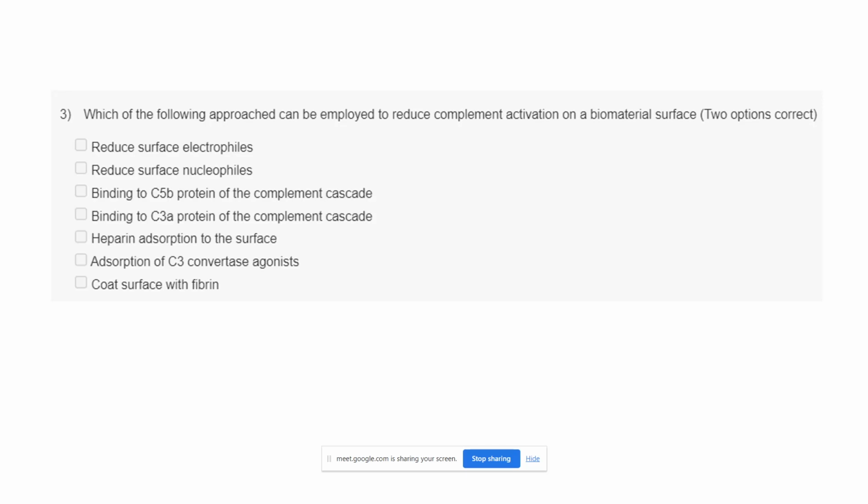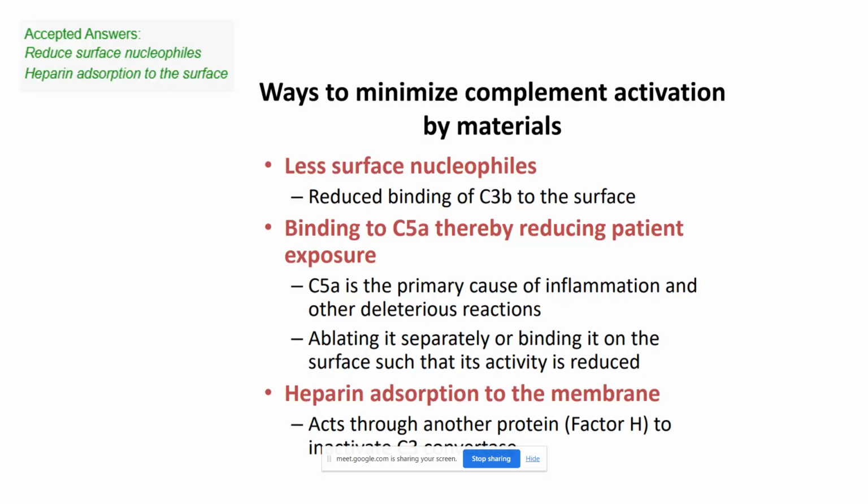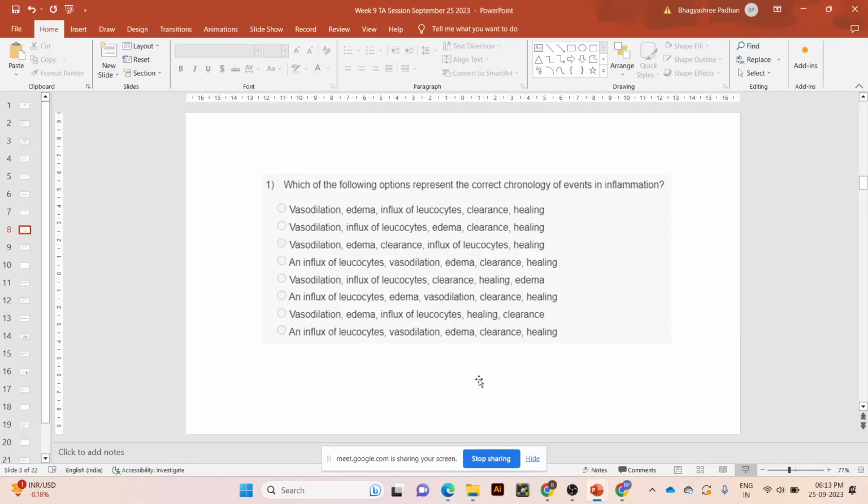Okay. The correct option is second option and fifth option: reduce surface nucleophiles and heparin adsorption to the surface. So these are the ways to minimize complement activation by biomaterials. First is less surface nucleophiles, which leads to reduced binding of C3b to the surface, and then binding of C5a, thereby reducing patient exposure.